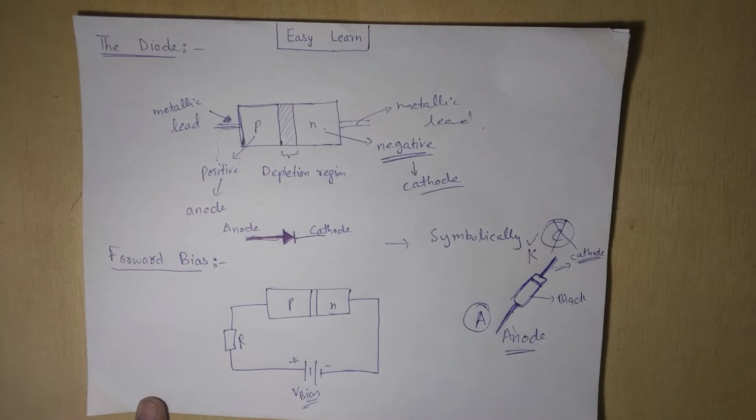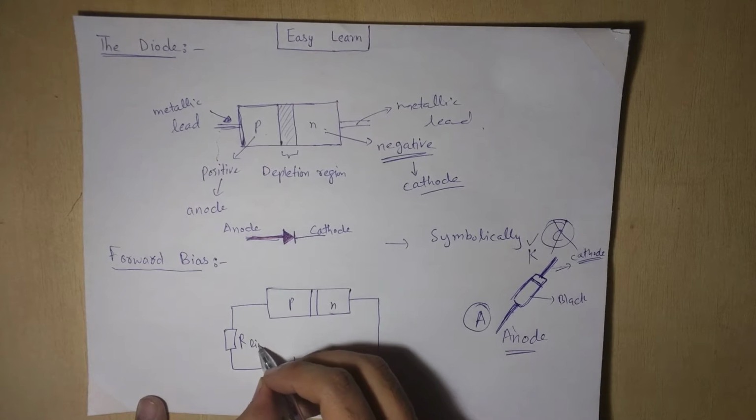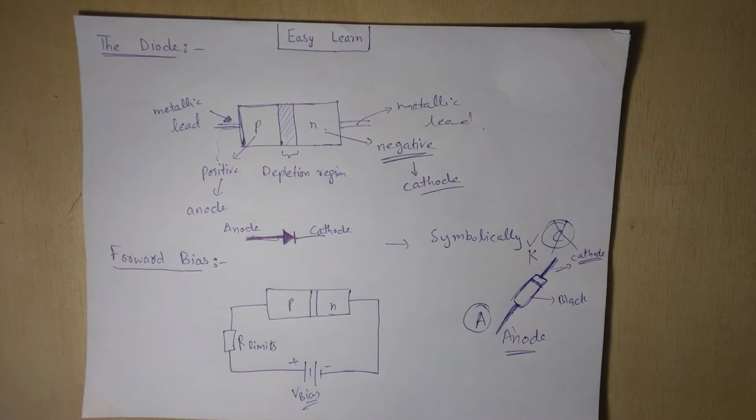It controls and limits the voltage, so it is called R limit. It keeps the voltage in the safe region of the PN junction, so as not to damage the junction. To bias the diode, we basically need to apply a DC voltage across it.